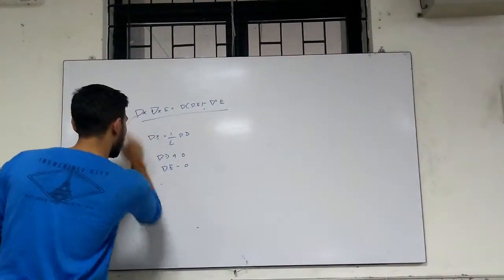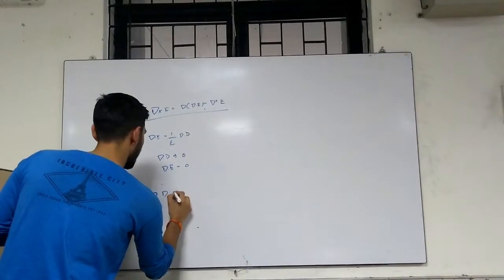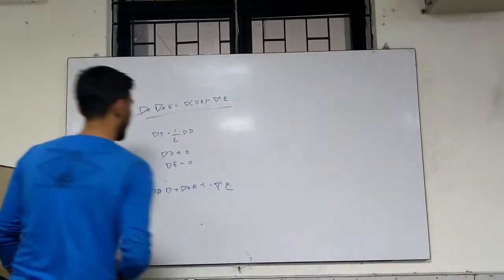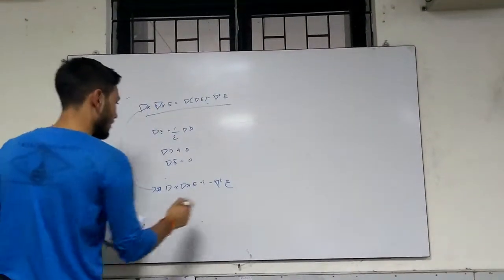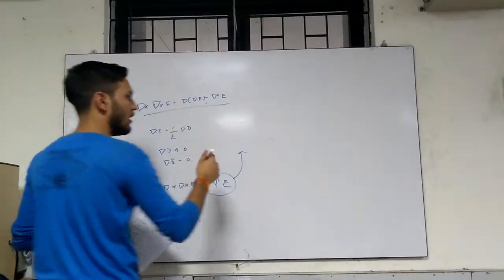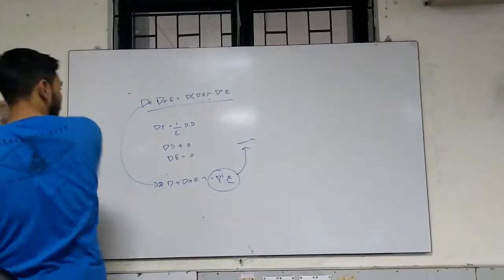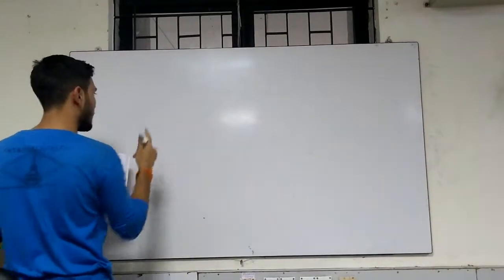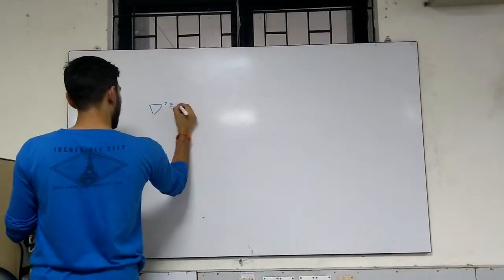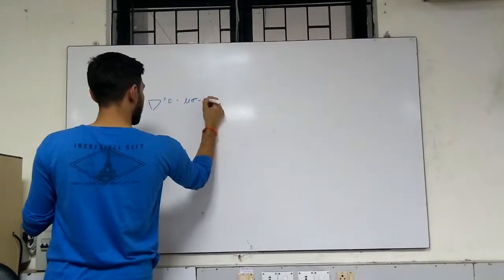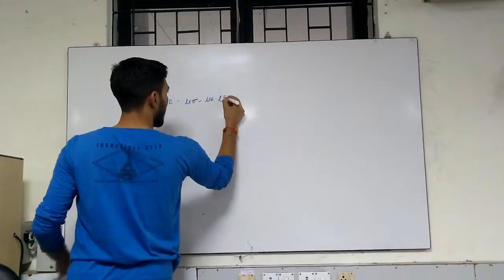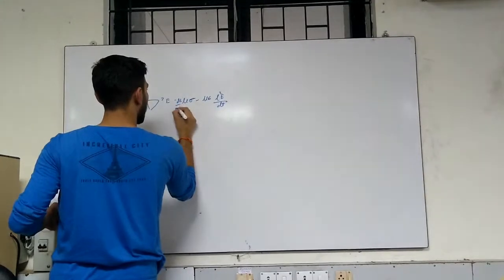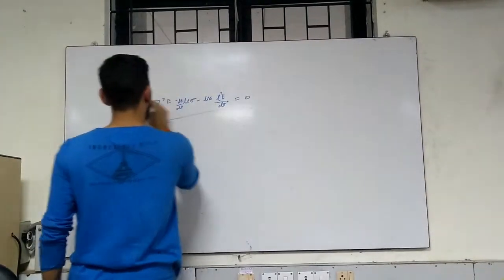So we can write this in the general form as del cross del cross E will be nothing but minus del square E. After this, putting this in the first equation which we solved earlier, if we find the left hand side and the right hand side and substitute the values, we get this equation as follows: del square E minus mu sigma dE by dt minus mu epsilon d square E by dt square, sorry, this dE by dt term was missing here, and this whole equation will be 0.